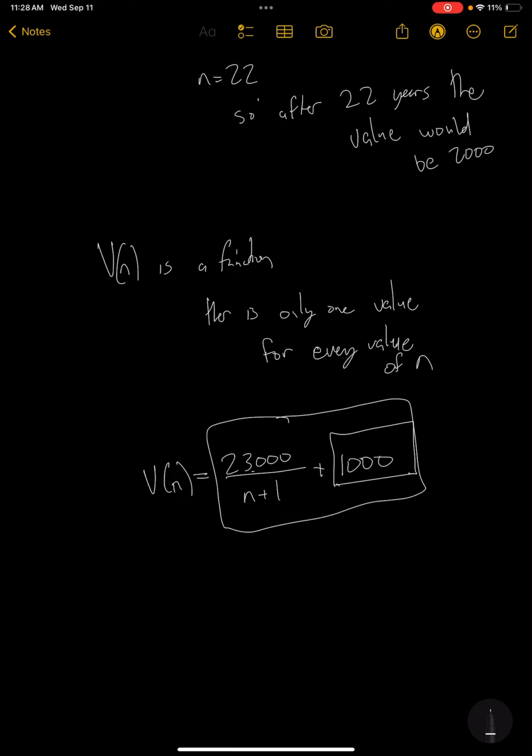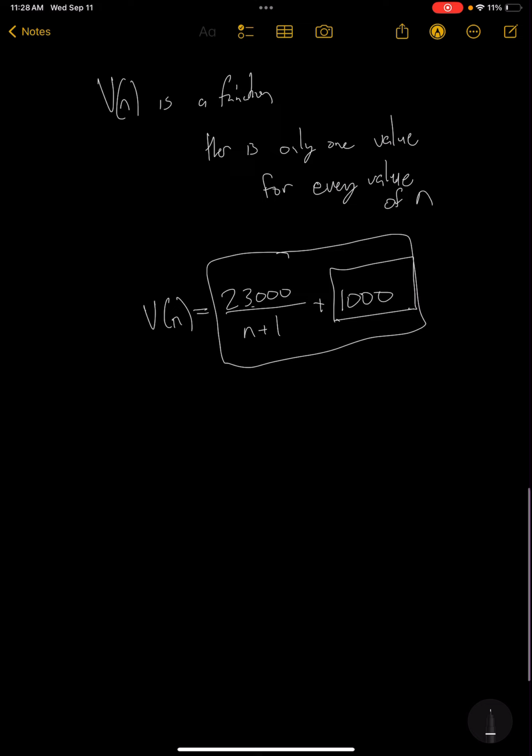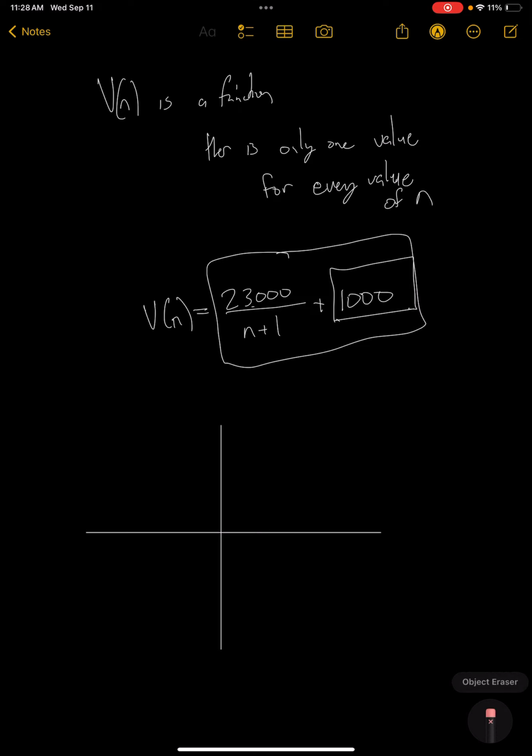And if I were to graph it, you'd see something like the following. First of all, it can never be less than 1,000.